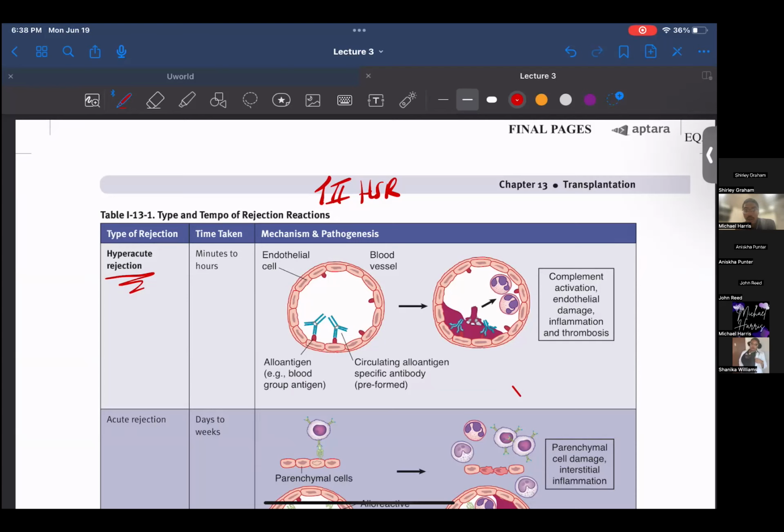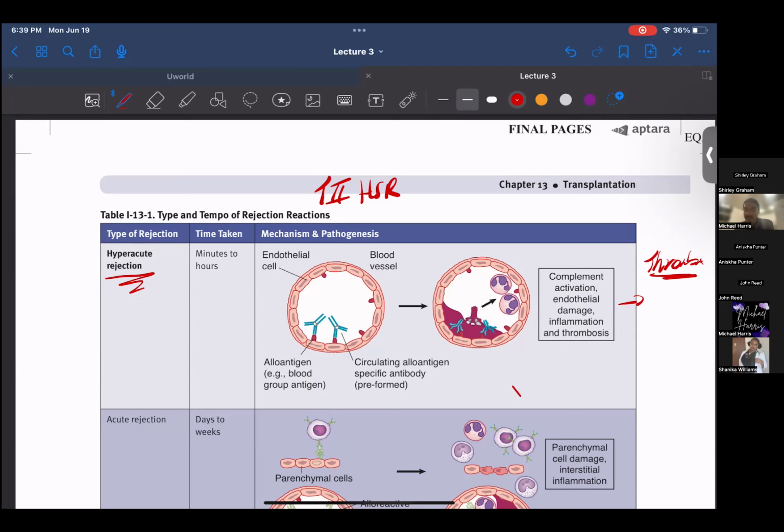Okay? Now, what ends up happening is you'll see in the vignette that there is what is known as thrombosis. Thrombosis just means that you have complete occlusion of blood flow to the organ that you just transplanted. It literally happens like on the operating table. You take out the organ, you put the new organ in before you can even sew them back up. That organ is pale, it's thrombotic, it's dead because it's that quick of a reaction because you have these preformed antibodies that quickly bind to these vessel walls.